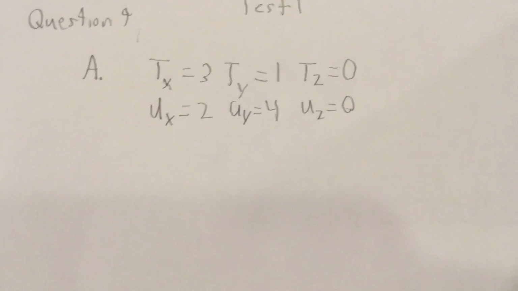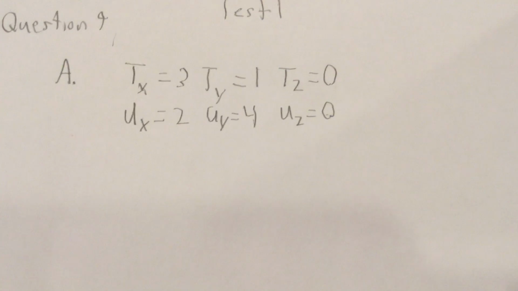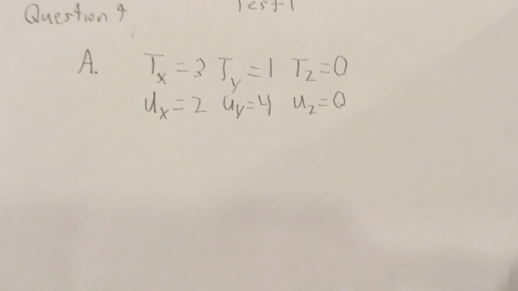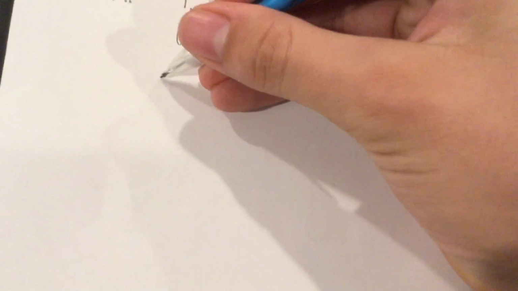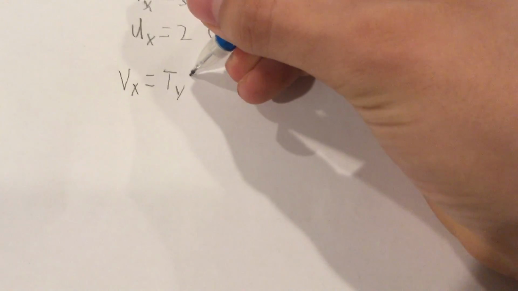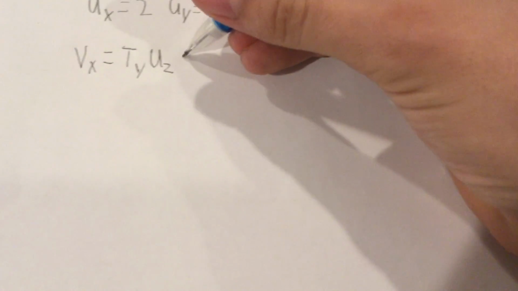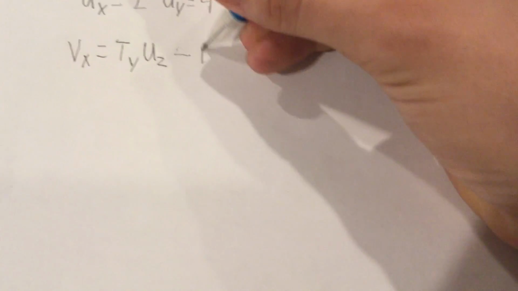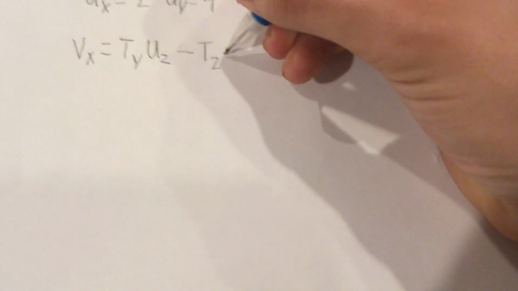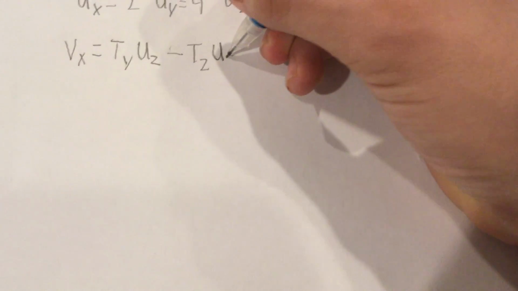Okay, now that we have that, we can use the formula to find the value of v of x. So v of x is going to be equal to t of y times u of z, minus t of z times u of y.